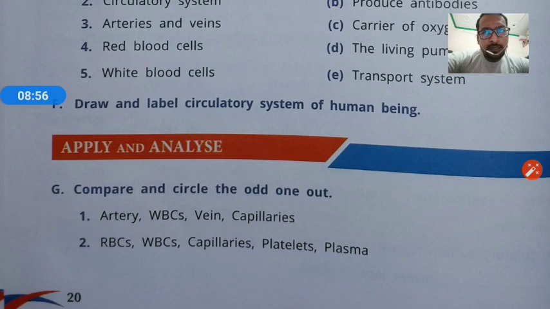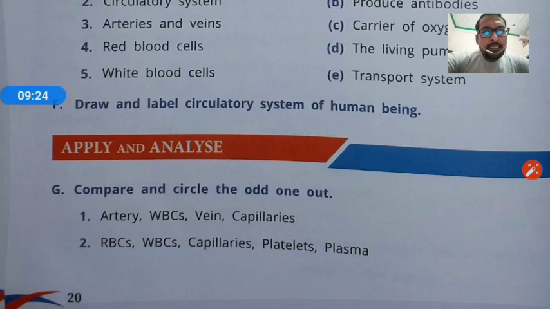Number 2, you have RBCs, WBCs, capillaries, platelets and plasma. In this, capillary is the odd one. It is not in the category of blood. The rest, RBC, red blood cells, WBC, white blood cells, platelets and plasma, are the parts of blood.